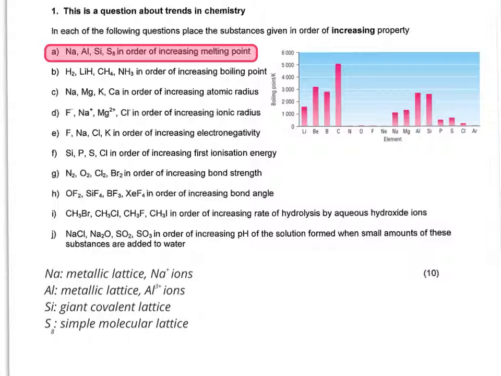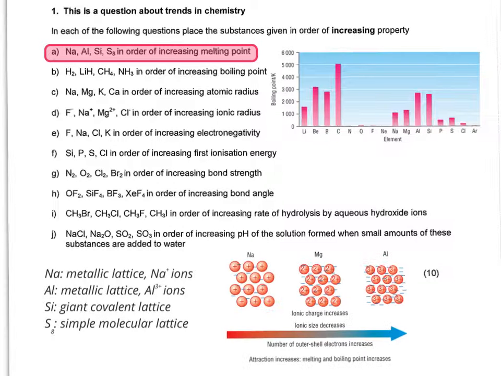Now, taking the sodium and the aluminium, you need to think about the charge difference between the cations and the delocalized electrons. So it's clear from the diagram that aluminium will be at a higher melting point than sodium.